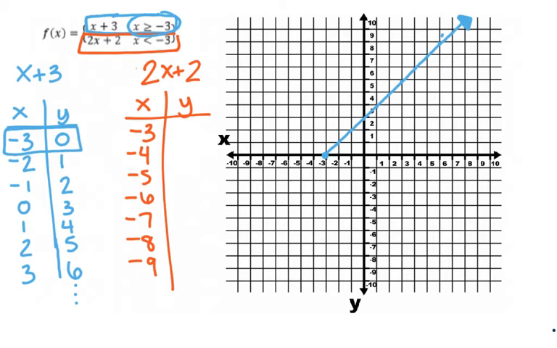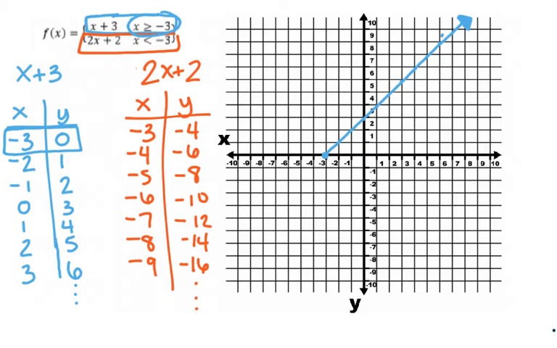So 2 times negative 3 is negative 6. Negative 6 plus 2 is negative 4. And then I would just keep replacing the x with the different numbers and getting my values. I'm going to do that really quickly. You can do this either with mental math or a calculator. But do remember that this keeps going forever.